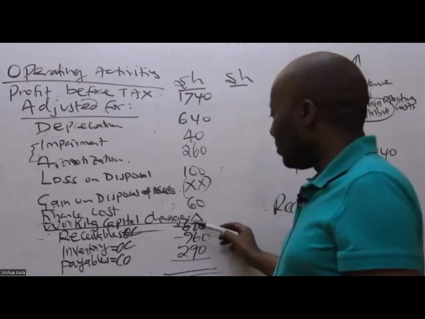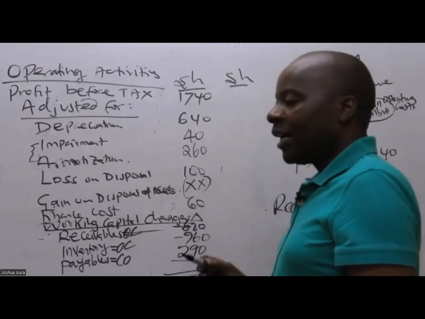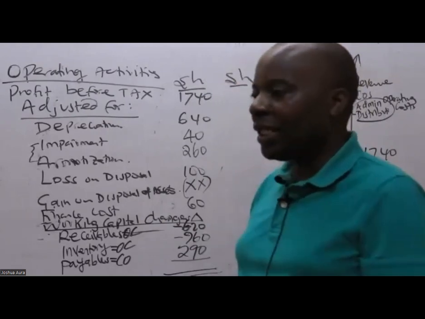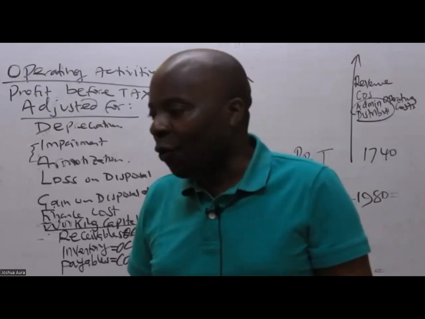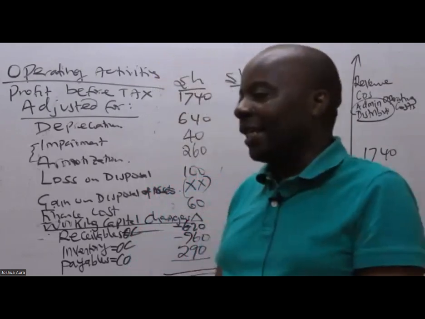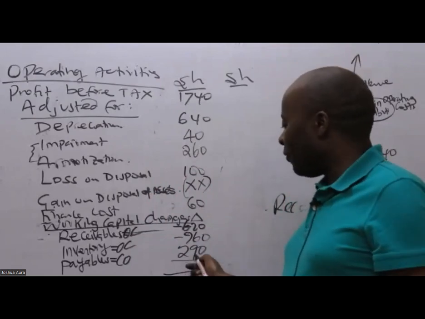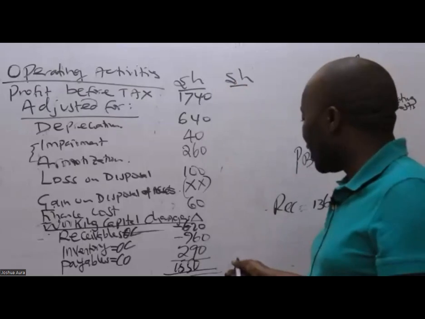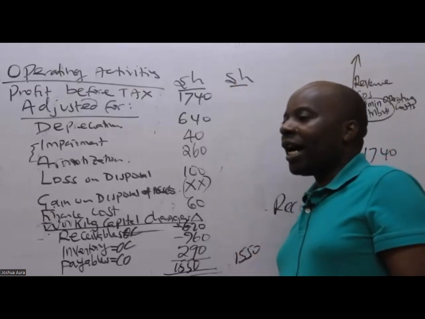Plus 60, minus 290. That gives us the net cash flow from operating activities. I'm being given a figure of 1550. So this 1550 is what I'll bring here as the net cash flow from operating activities.